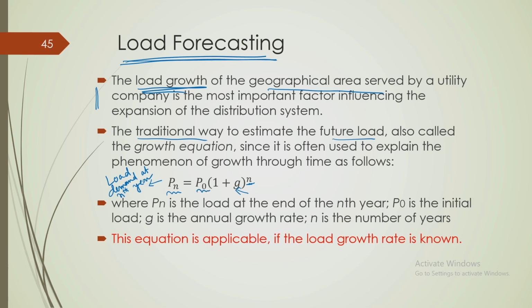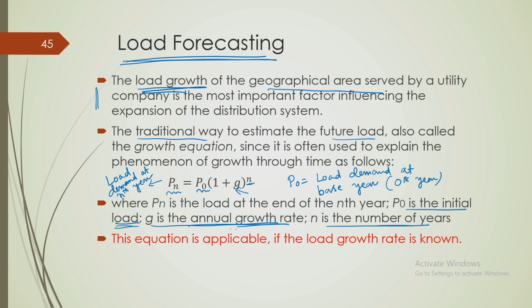P naught represents the initial load, the load demand at the base year, which we can call the 0th year. G is the annual growth rate, and N is the number of years.